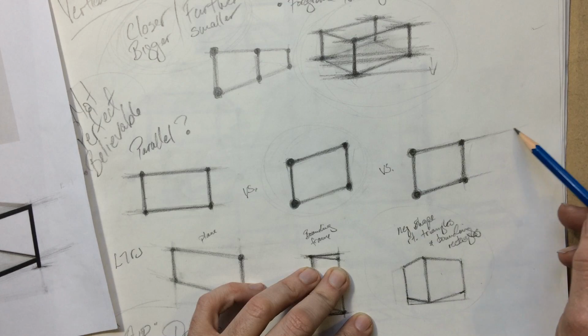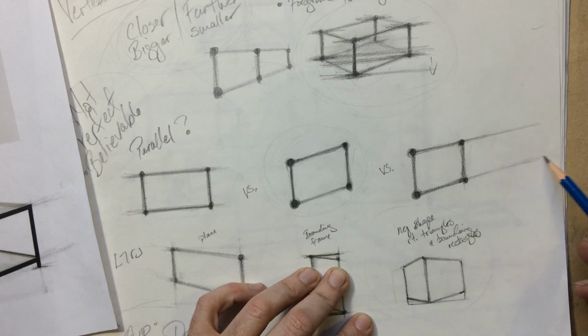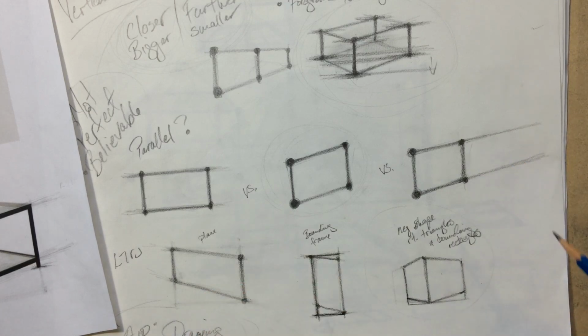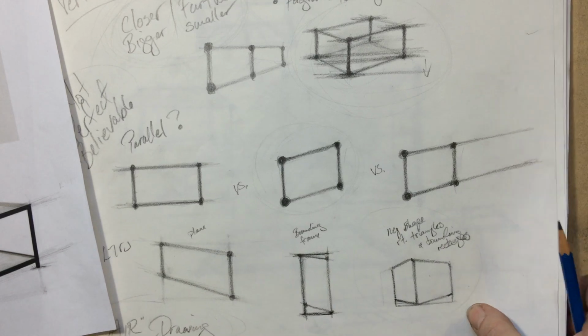And that converging, as we've been seeing, is sometimes so subtle and so far off the page that it can be frustrating to figure out how to draw this perspective stuff.